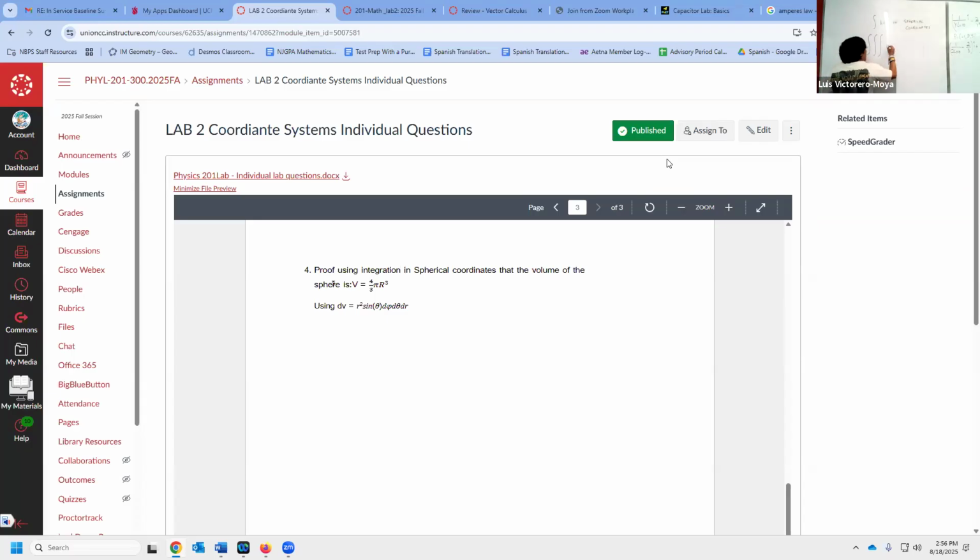Integral of r is the volumetric element, by the way.